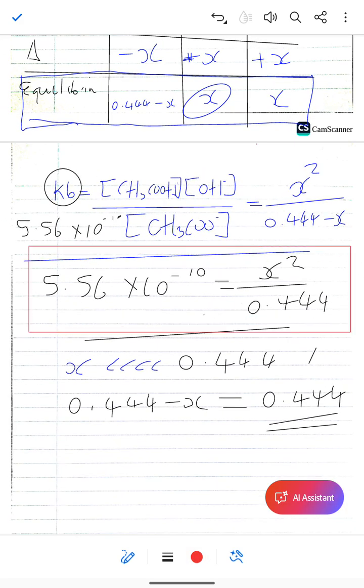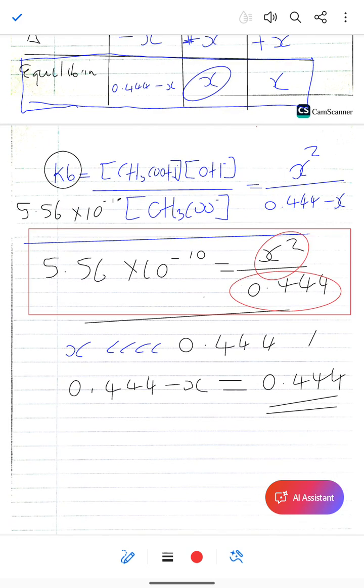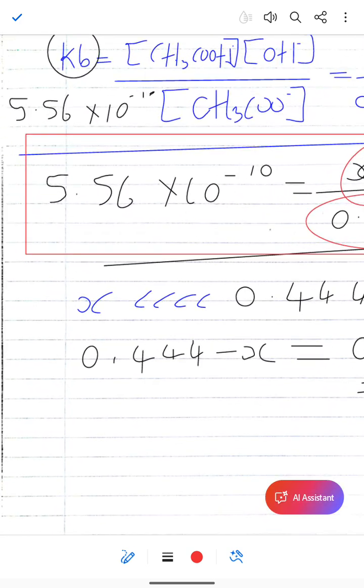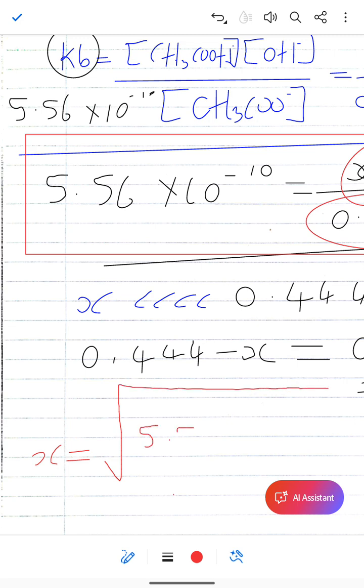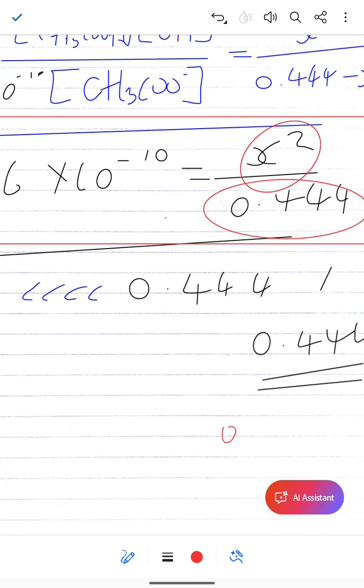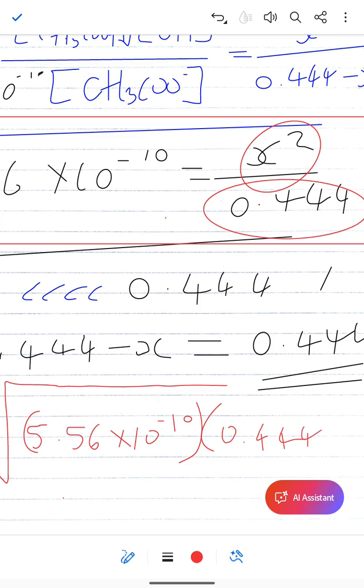Now, if you look at this, from here, I have this equation. Now I need to find x. So how can I find x? I can multiply by 0.444 on both sides, right? And then after multiplying, I take the square root of that. So we can both agree that x is simply the square root of 5.56 times 10 to the power negative 10 multiplied by 0.444, right?